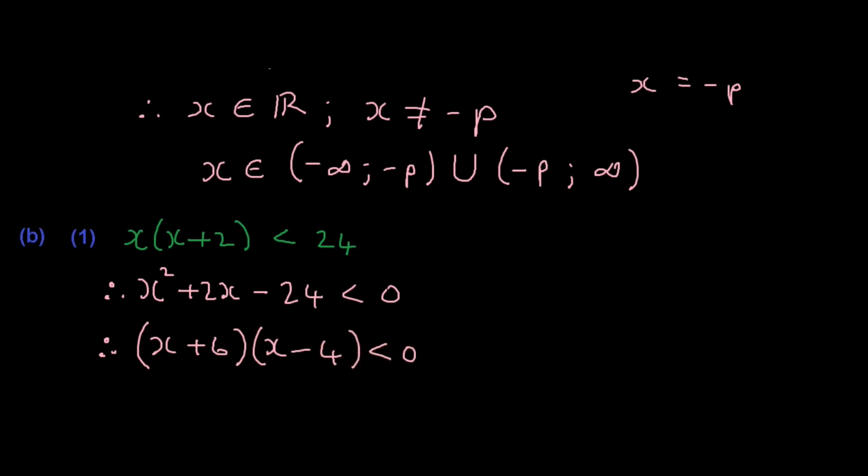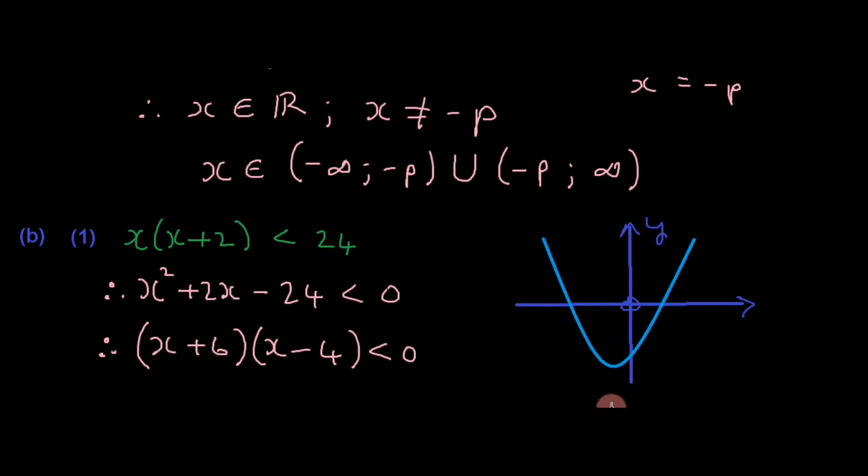And we can draw a parabola. Now, the roots of the parabola will be negative 6 and positive 4. So negative 6 and positive 4. Something like this. Negative 6, positive 4.